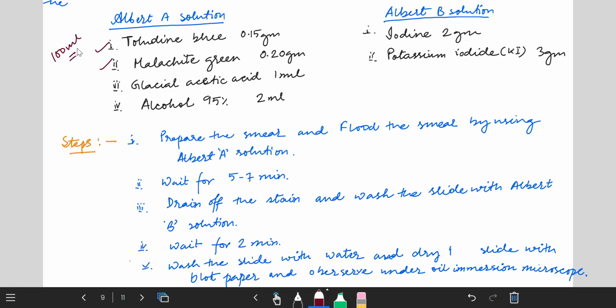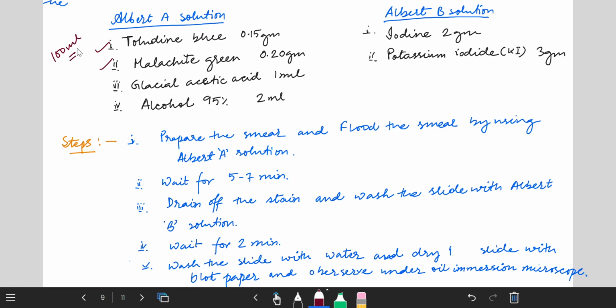Now, what are the steps? Prepare the smear and flood the smear using Albert A solution first. Then wait for 5 to 7 minutes to let the Albert A solution settle with the smear. Then drain off the solution and wash the slide using Albert B solution. Do not use any kind of water.